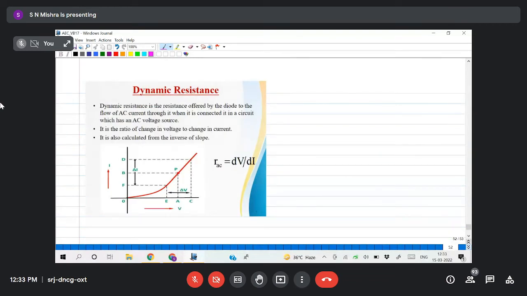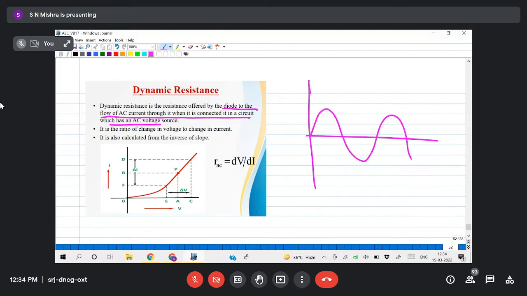Now what is dynamic resistance? Dynamic resistance is the resistance offered by the diode to the flow of AC current through it when it is connected to an AC voltage source. So here we will not take any particular point, as AC means alternating. So what is the change in voltage for a particular time period, and during the change in voltage, how much change in current do we observe? Suppose I take this point and the voltage is varying like this.